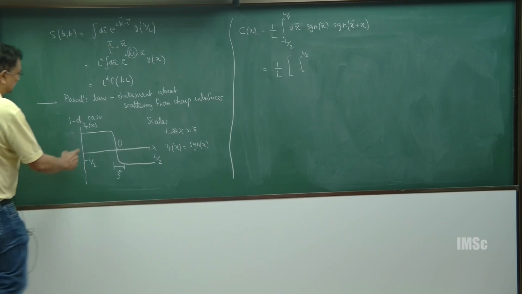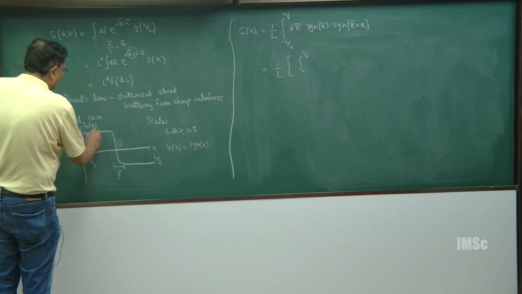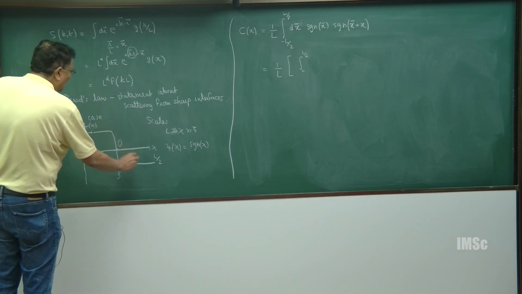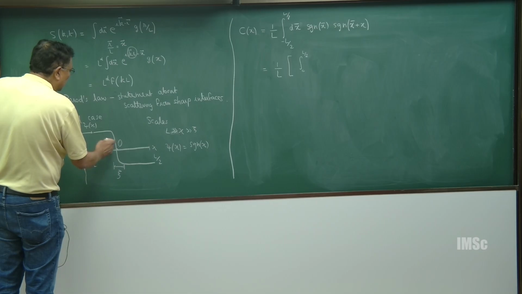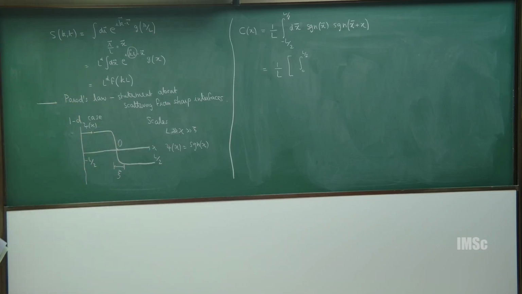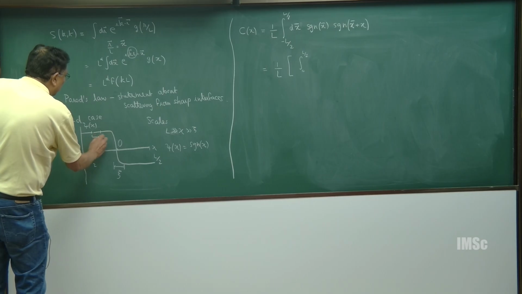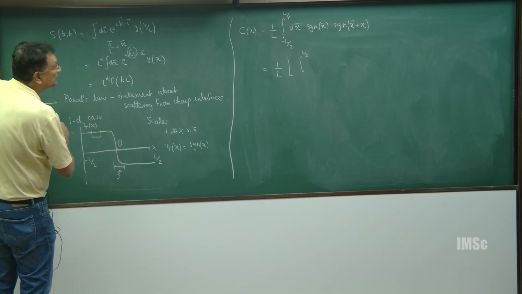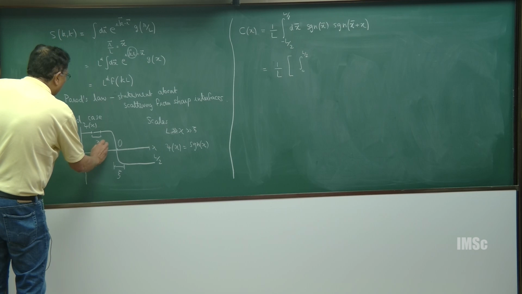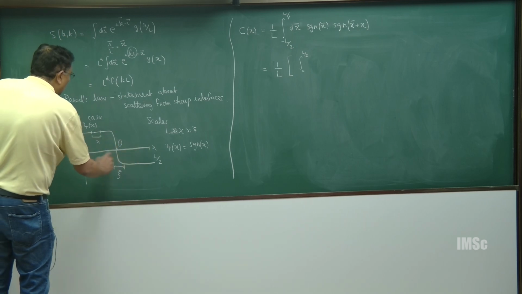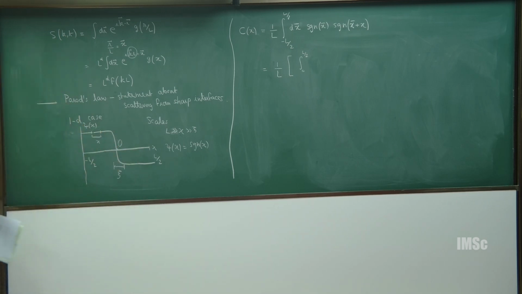x bar is a point sitting somewhere in here, and there are two possibilities for x bar plus x. Either it can sit on the same side of the kink or on the other side of the kink. If it's on the same side of the kink, with distance x between them, you get +1 times +1.